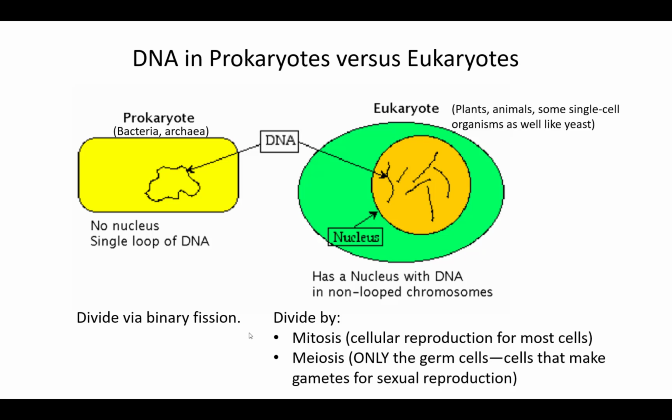This would be cellular reproduction for most cells, and this would be a case where one mother cell gives two daughter cells that are identical to the mother cell. Eukaryotic cells can also divide by meiosis, and these would only include particular cells in the species, only the germ cells that are getting ready to make gametes for sexual reproduction.